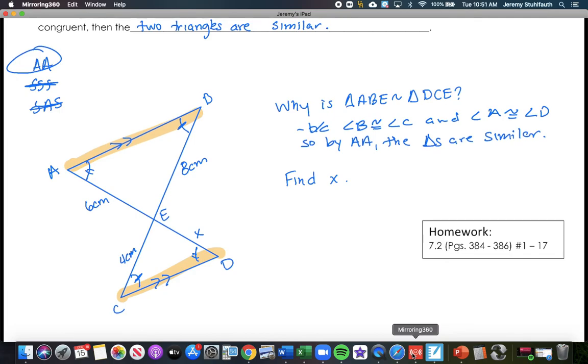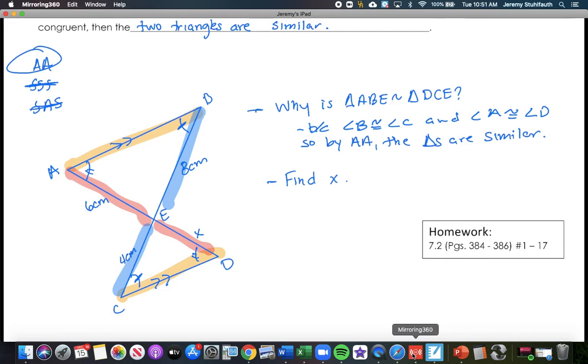Now, we know that they're similar, so now we want to find X. If they're similar, that means that the corresponding sides are proportional. So in this example, AE corresponds to ED, and BE corresponds to EC. So we're going to write some ratios. If they're proportional, the two ratios need to be equal.